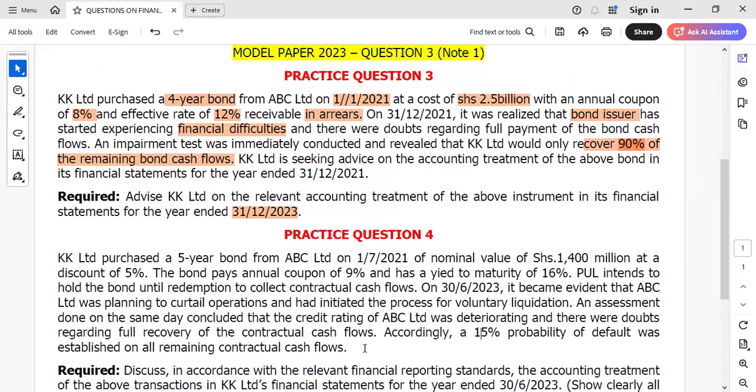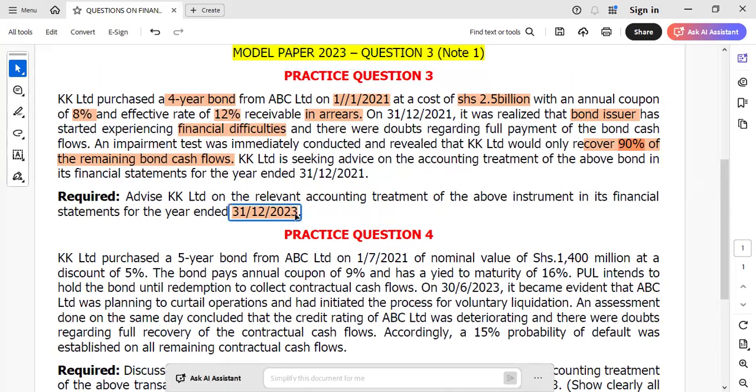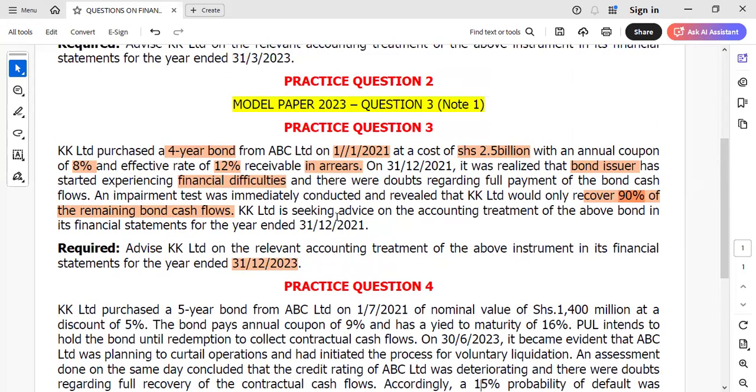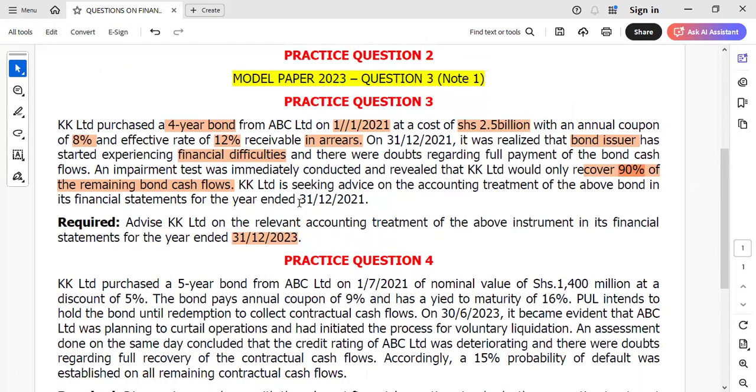I think here I typed things wrongly. KK Limited is seeking advice on the accounting treatment of the above bond in its financial statements for the year ended 31st December 2021.